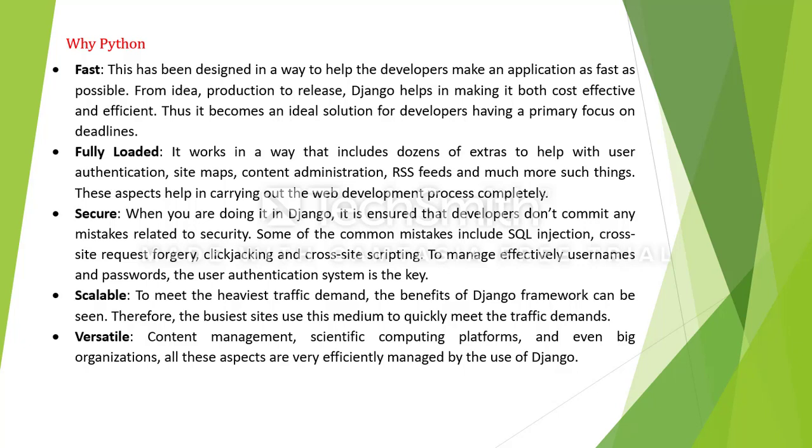So we can easily make a team to work on Python if we don't have that capability. And if you see the frameworks, like the Django framework, it provides you so many inbuilt capabilities that you need not code for those. So it makes the development faster. So fully loaded, it works in a way that it has so many contents already embedded.